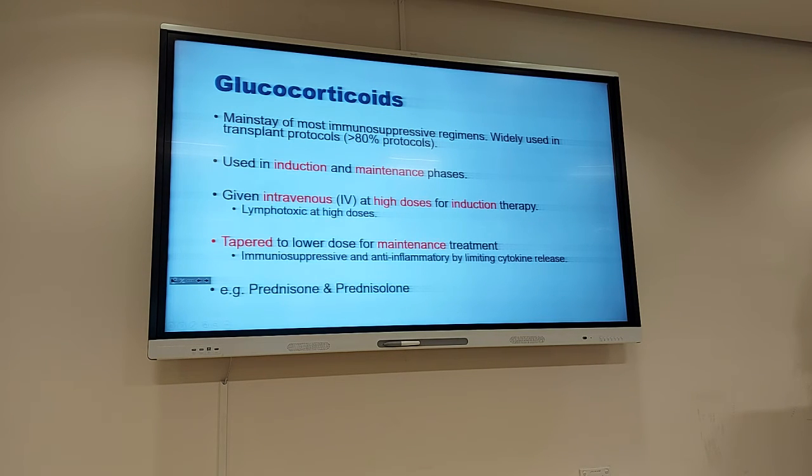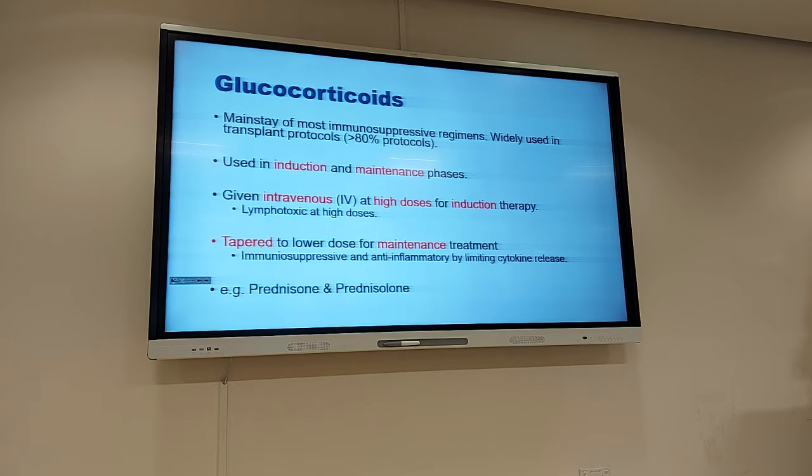The second ones that are used are the glucocorticoids. These are the mainstay and the most common immunosuppressive regimens that are actually used at the moment, and they've been used for a long time. They're used in the induction as well as maintenance phases of organ transplant. They're given intravenously at high doses for induction therapy, because they are lymphotoxic, so they kill the T cells and B cells at high doses.